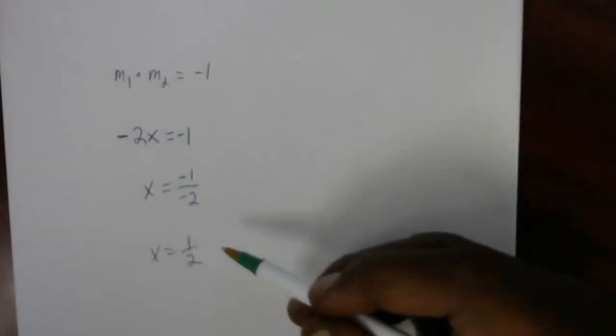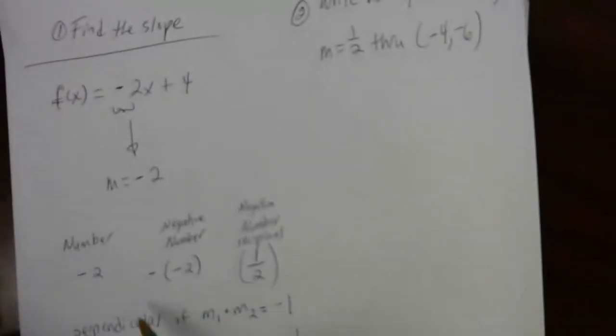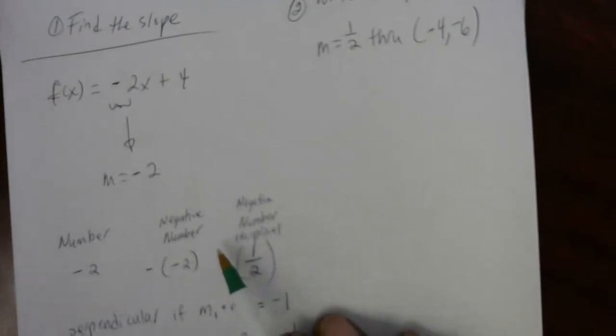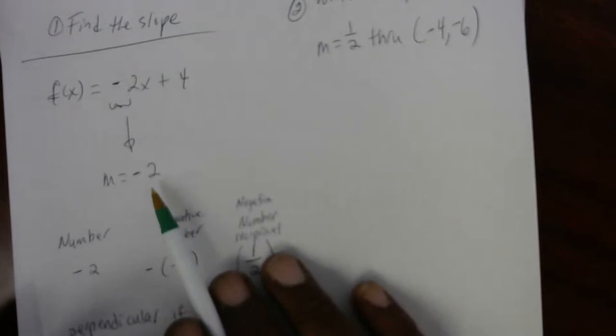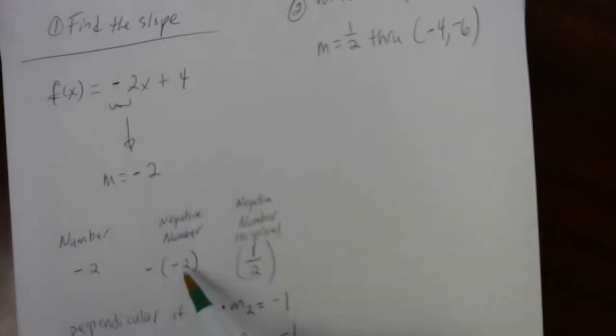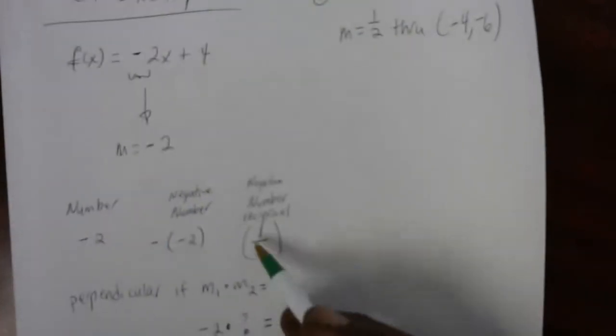Okay, this is a more mathematical way to do it versus this little negative reciprocal deal. Okay, so if it's easier to take the negative reciprocal, just take whatever slope you're given, multiply it by a negative, and then just reciprocate that number.